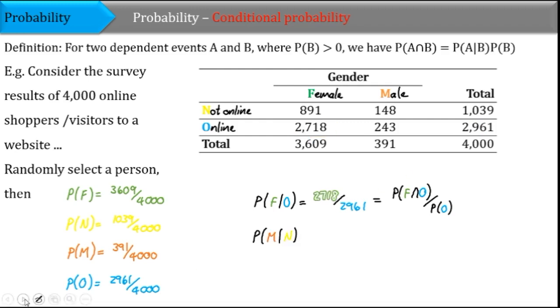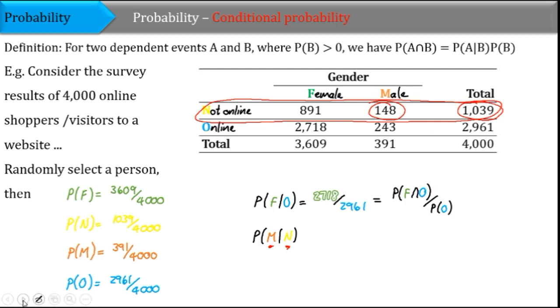Right, so the same for the probability of selecting a male given that the person does not shop online. So that means we're only looking at those who do not shop online, so it's that group over there. Probability of a male will be that value over there divided by the sample size.